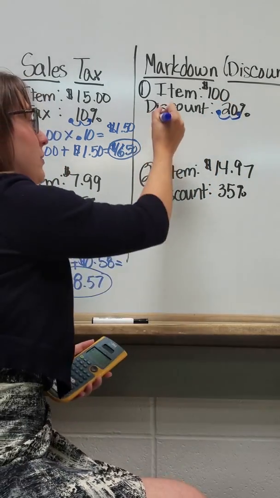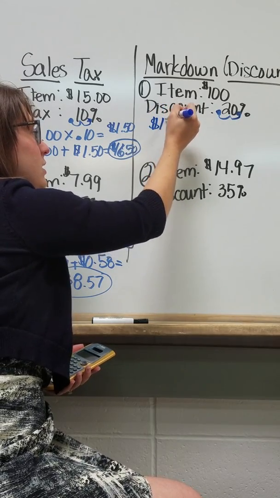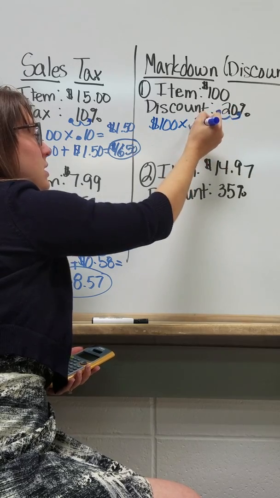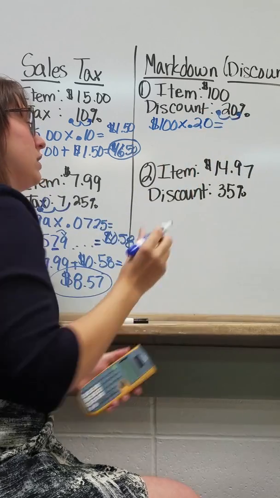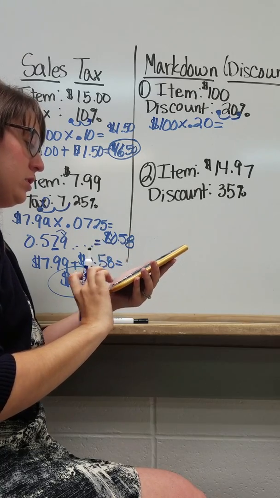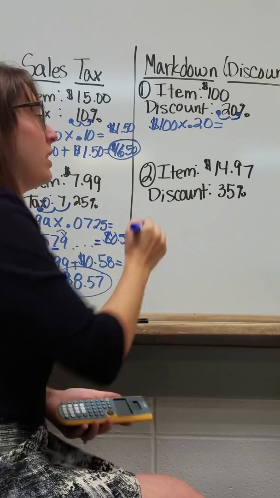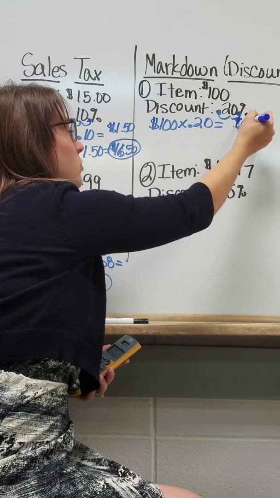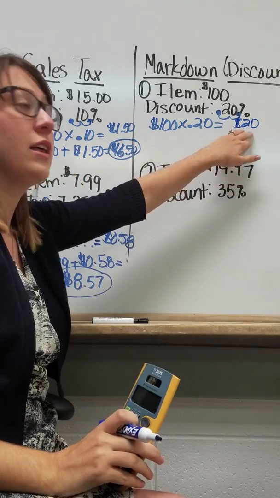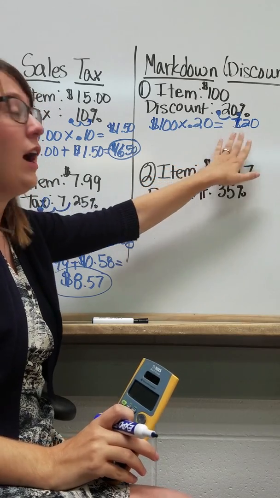Okay, then we're going to multiply. $100 times 0.20. $100 times 0.20 gives me $20. So I get to take $20 off the price of the item. But this is not the amount that I'm going to pay.